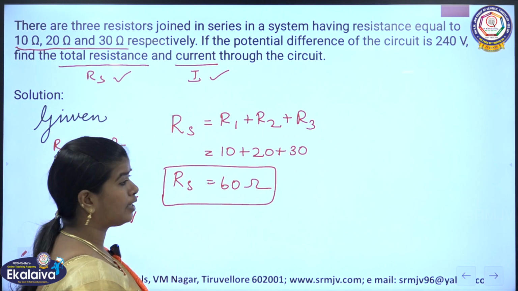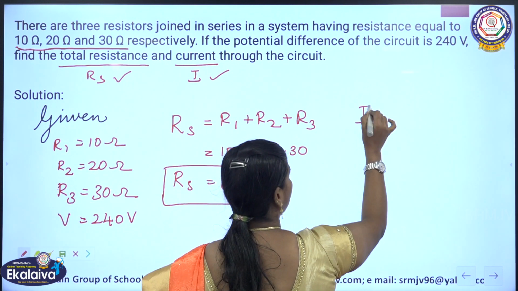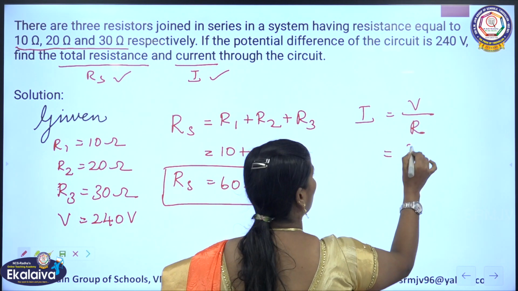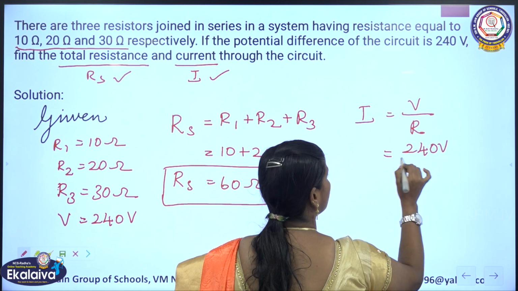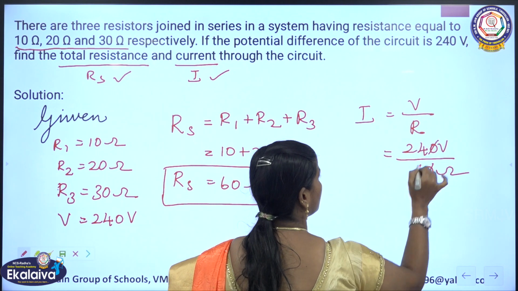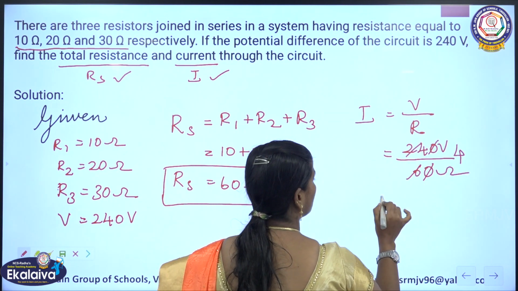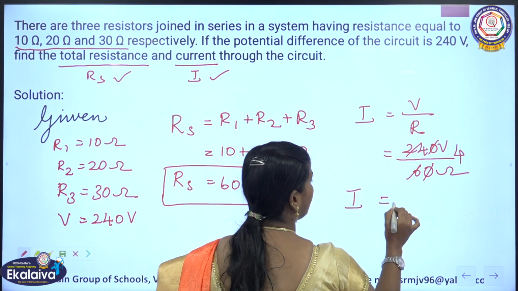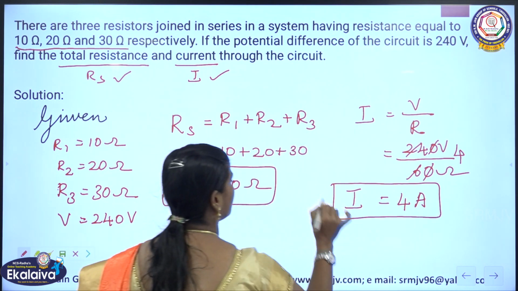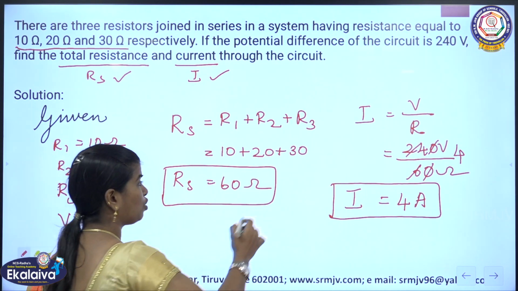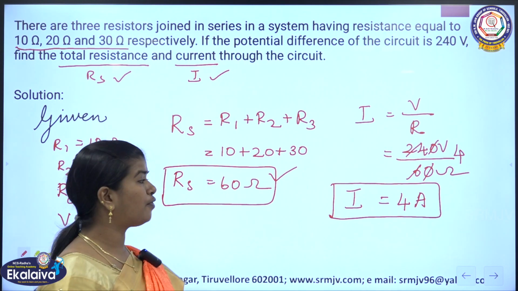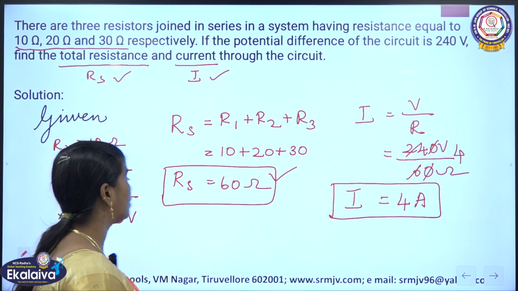We need to find out the current, then I is equal to V by R. Our V is 240 volt and our R is 60. In the 6 table it goes 4 times. So, the total current is 4 ampere. So, in case of series, this is how we will find out the total resistance, and we will substitute the total resistance over there to find out the amount of current flowing through that.